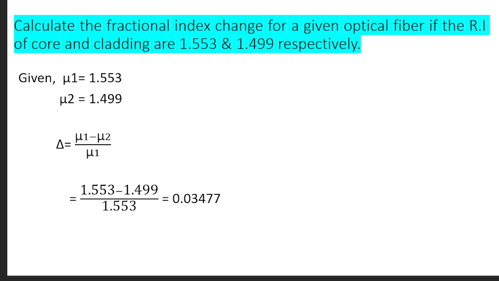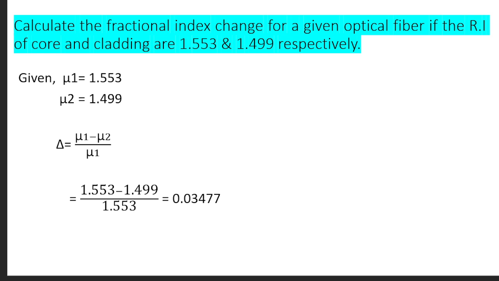Now the next numerical: calculate the fractional index change for a given optical fiber if the refractive index of the core and the cladding is 1.553 and 1.499 respectively. In this numerical also they are giving the refractive index values of both core and cladding.